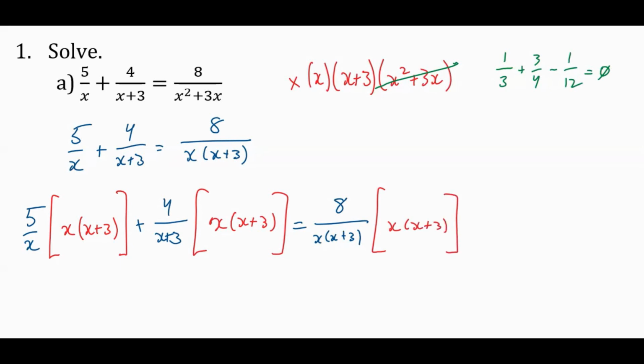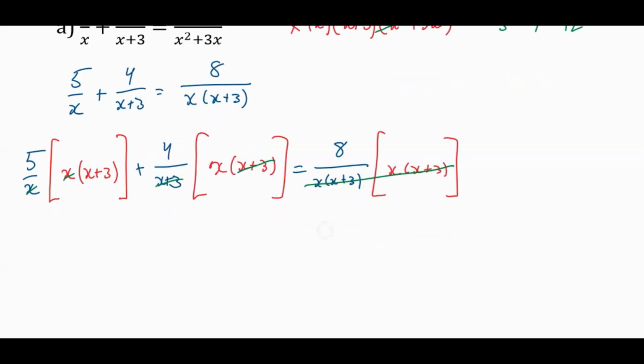So I can see that these are going to divide to 1. This divides to 1 with that. That divides to 1 with that. And this is probably the line that you would jump to, again, for efficiency. And for equations, we can do this. It makes our life so much easier.